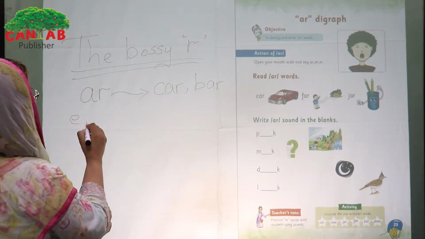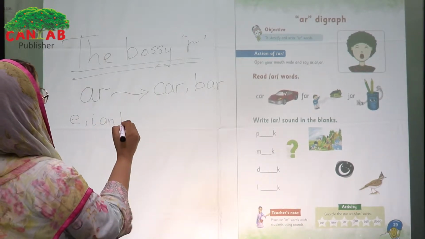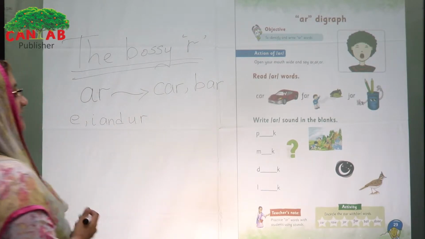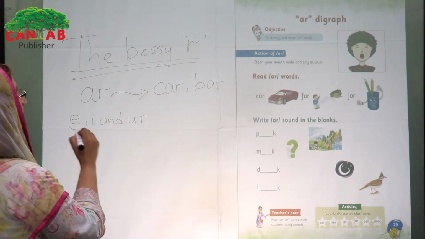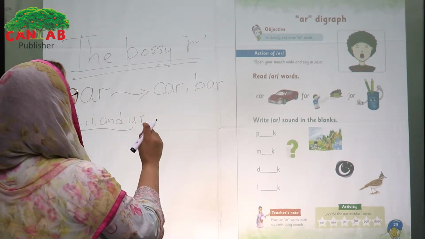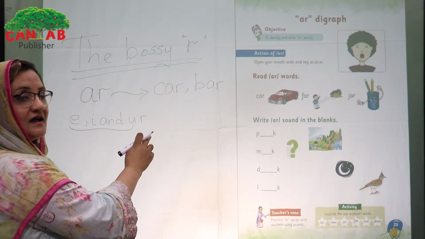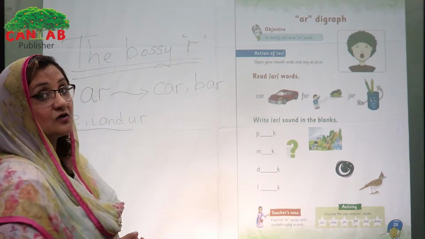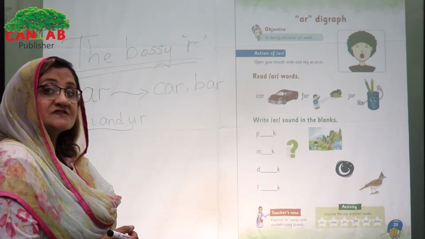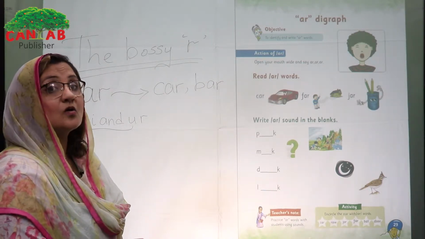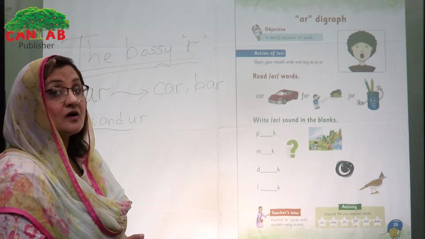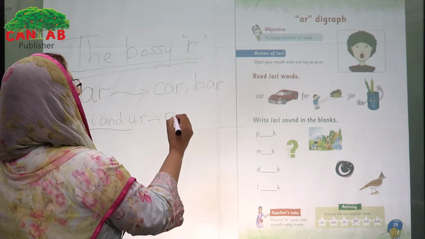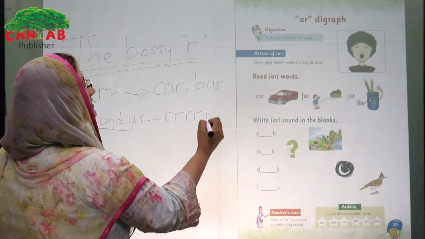When E, I and U are with the bossy R, letter R turns around and changes the vowel sound, and we get the new sound of a racing car, and it is R.